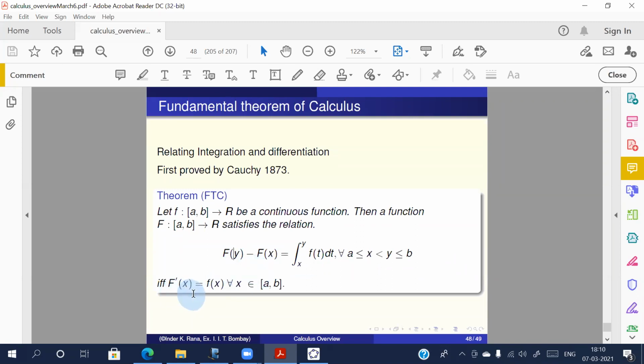And the other way around says that if F is defined this way, then F is differentiable and its derivative is f. And one calls capital F the antiderivative of small f. So both the parts are captured in this fundamental theorem of calculus. It's one of the highlights of differential and integral calculus, combining the two.